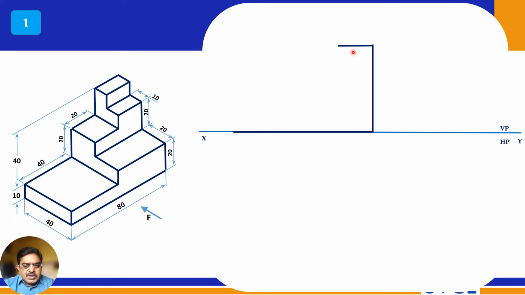So travel 20 mm towards the left side, and now this edge is visible, right? In front view this edge is visible, and that is obviously 10 mm, plus 10 mm, right? And 20 mm you come down, and then this compartment, this rectangle is visible, and draw the line, so that makes this rectangle. Now this is the surface we have to draw.